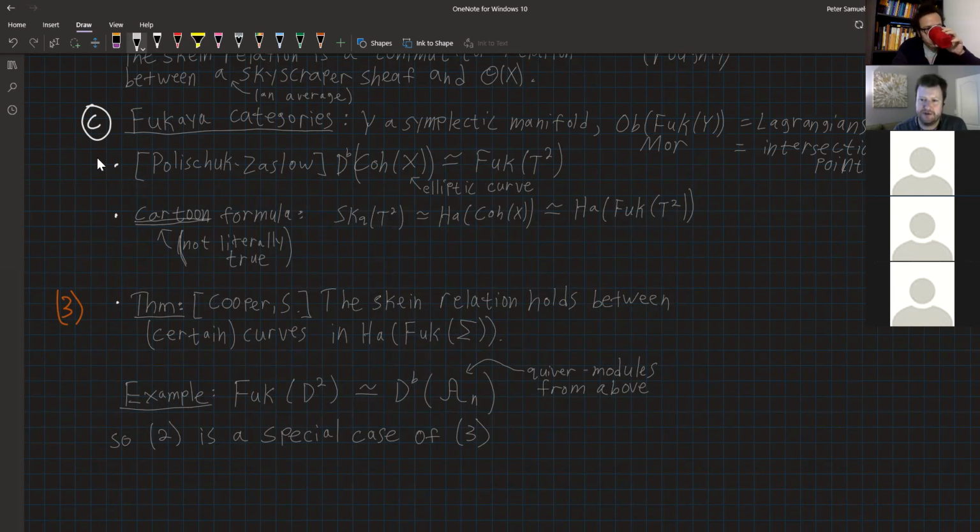And through this Hollerschuk-Zaslow theorem, this would be isomorphic to the Hall algebra of the Fourier category of the torus. None of these are actually literally true for a long list of technical reasons, but it's morally true.